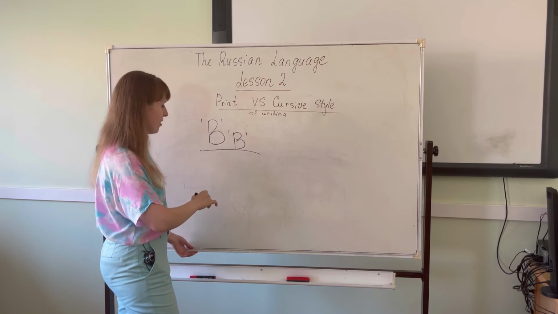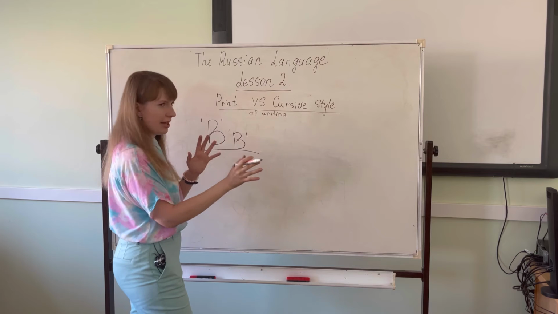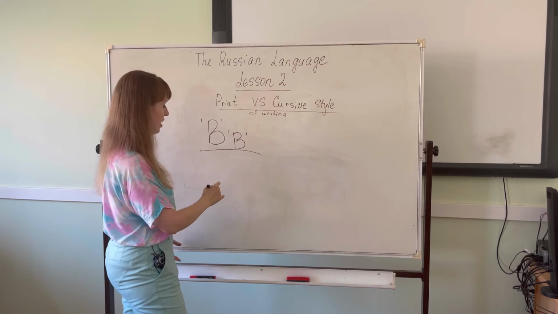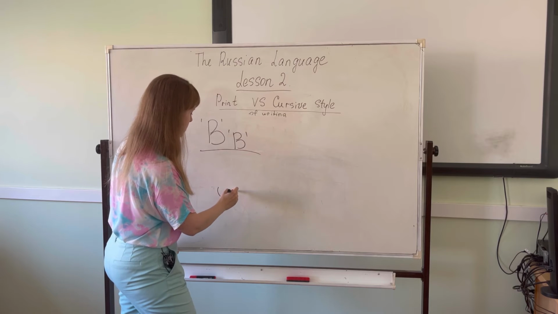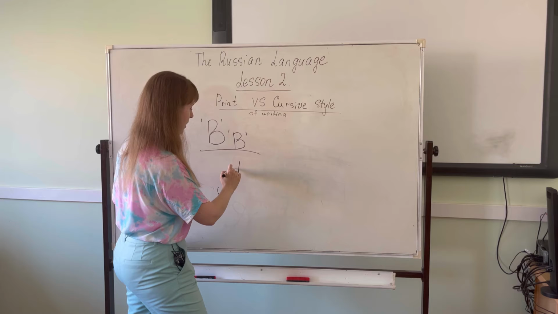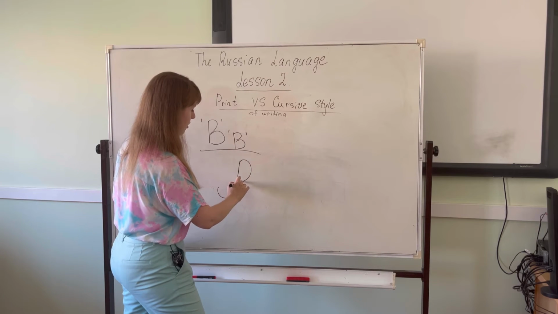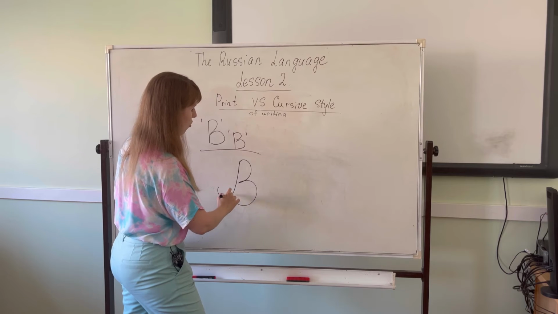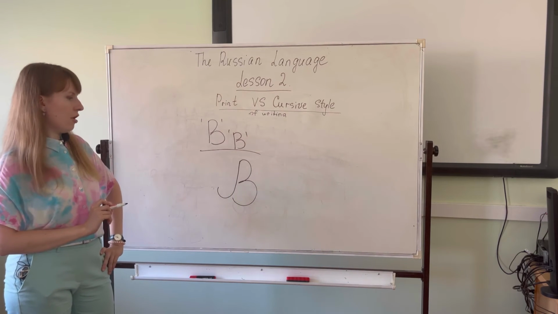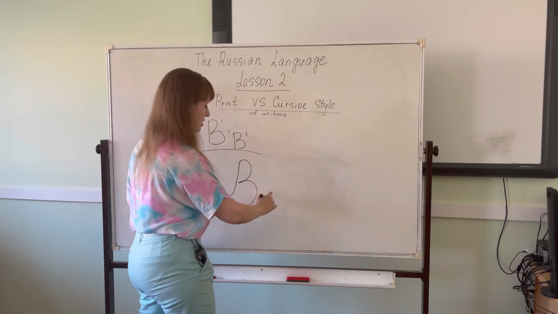So in cursive, you again try to keep everything a bit diagonal, right? We will start with a downside stroke, and then we make a stroke looking like the numeral 3, you know? Yeah, like this.